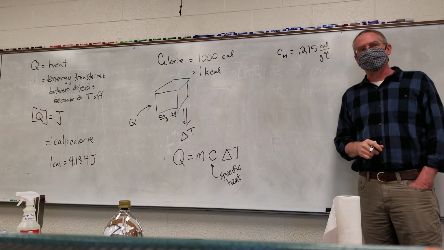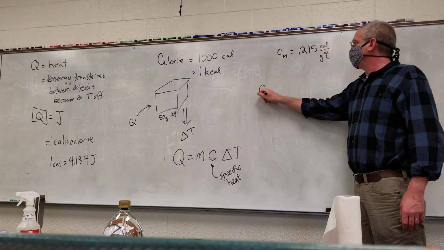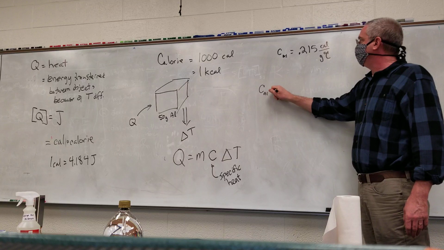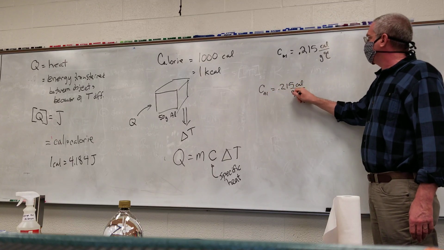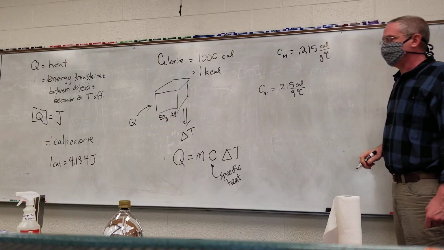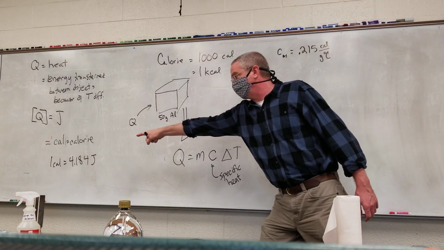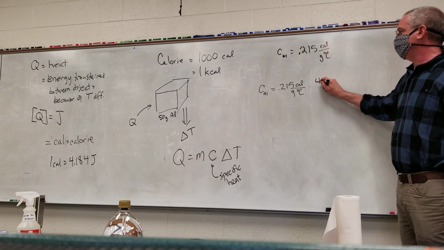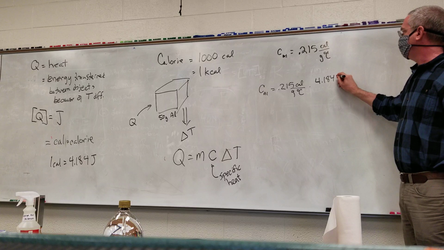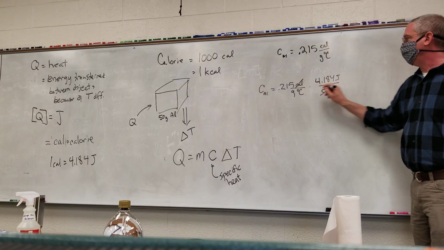So let's do a little conversion, because you might see it written differently in different places. The specific heat of aluminum is 0.215 calories per gram degrees Celsius. Let's figure out how many joules per gram degree Celsius that is. Well, I have a little conversion factor right down there. So I multiply times 4.184 joules per calorie. My calories cancel out.